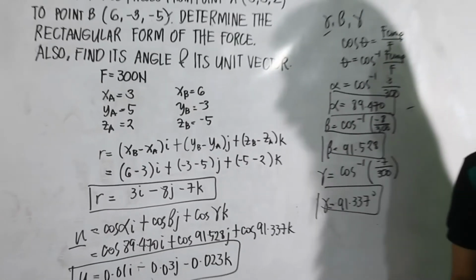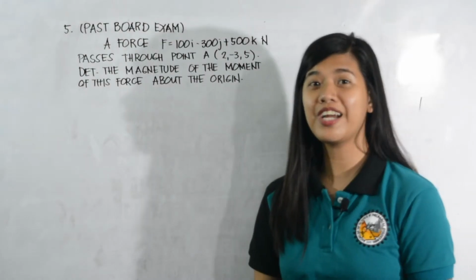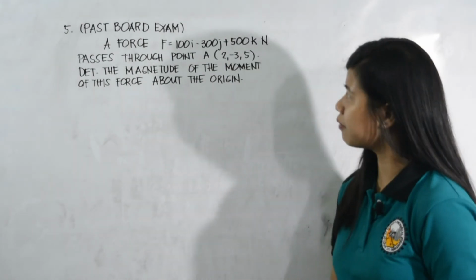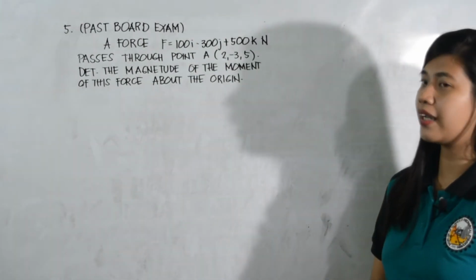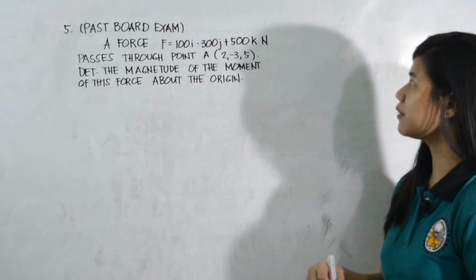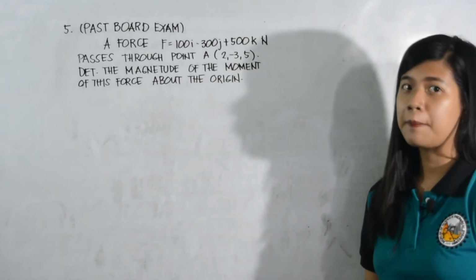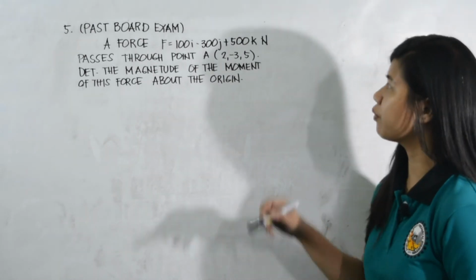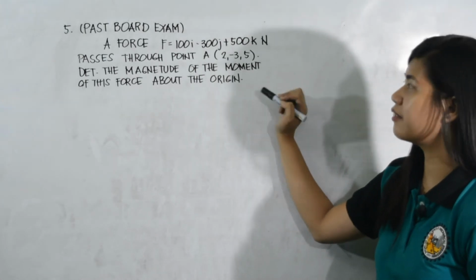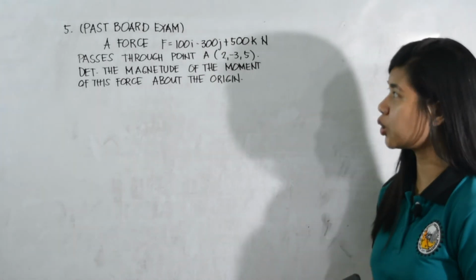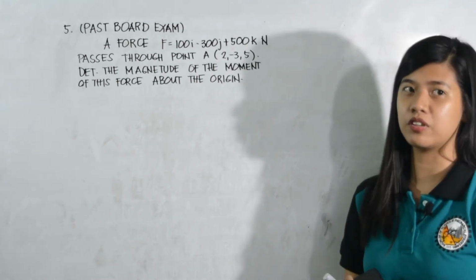And that's it. Another example: a force F equals 100I minus 300J plus 500K Newton passes through point A of 2, negative 3, and 5. Determine the magnitude of the moment of this force about the origin.